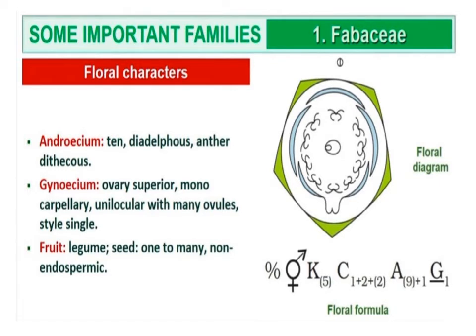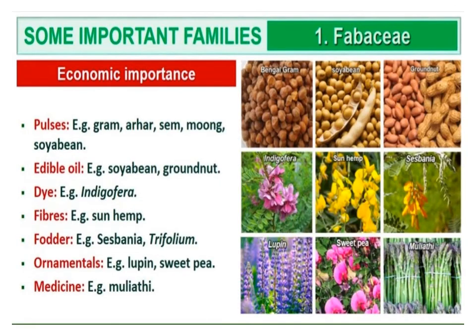Fruit: legume or pod, with many non-endospermic seeds. Here the floral formula and floral diagram have also been given. Economic importance. Many plants of this family are sources of pulses, for example gram, arhar, sem, mung, soybean.